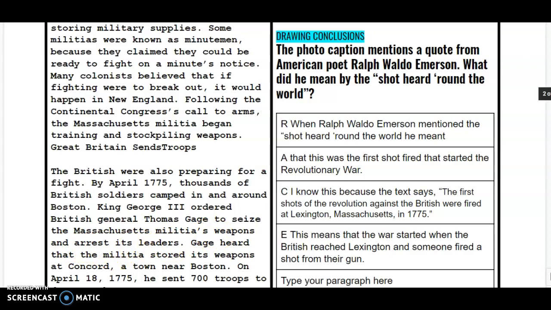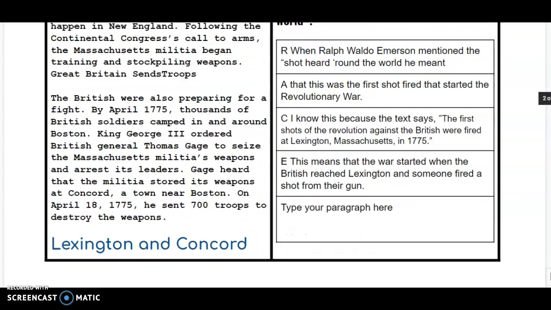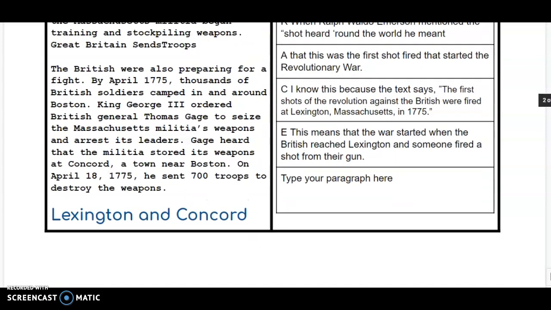So apparently it was illegal for the American colonists to form militias. Gage heard that the militia stored its weapons at Concord, a town near Boston. On April 18, 1775, he sent 700 troops to destroy the weapons.